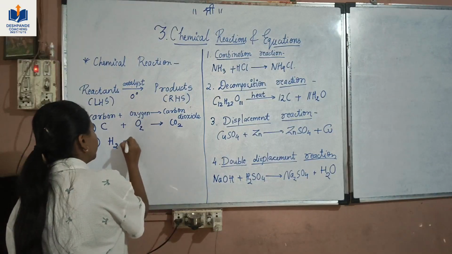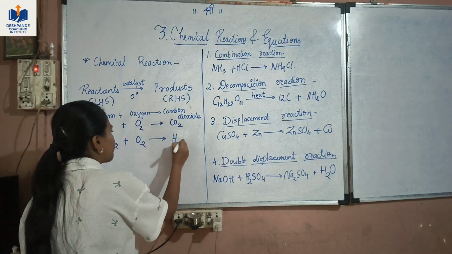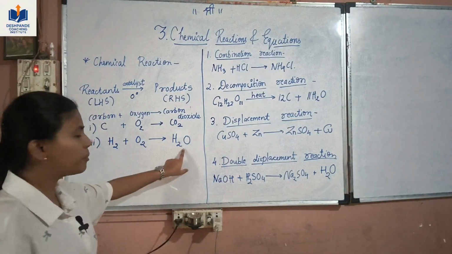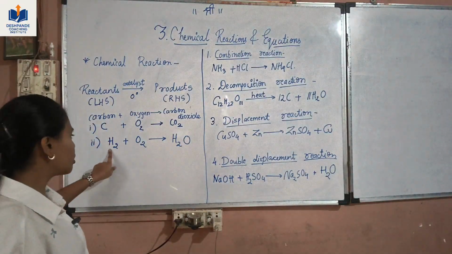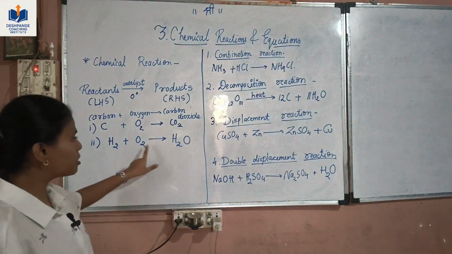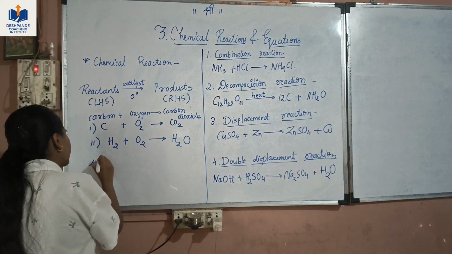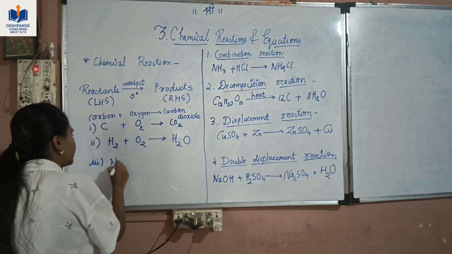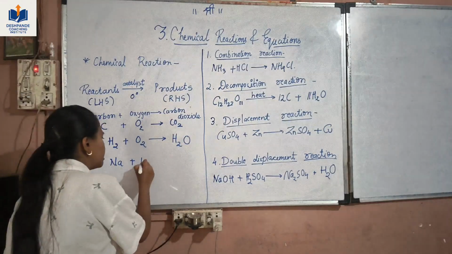Water is formed from hydrogen and oxygen atoms. The molecular formula of water is H2O, and hydrogen also cannot exist single, so it exists as a molecule. H2 plus O2, we get water. The third equation we can take is sodium plus water.